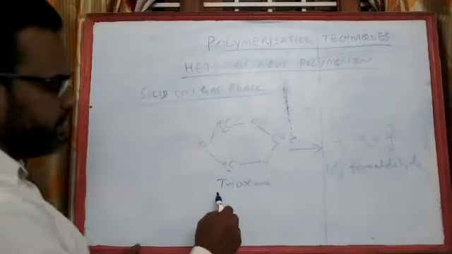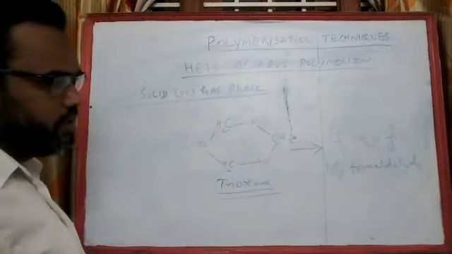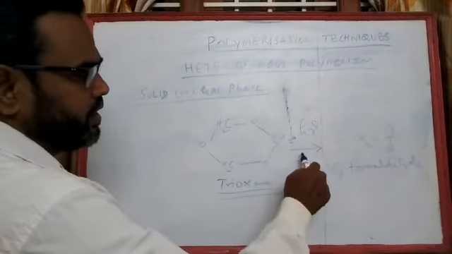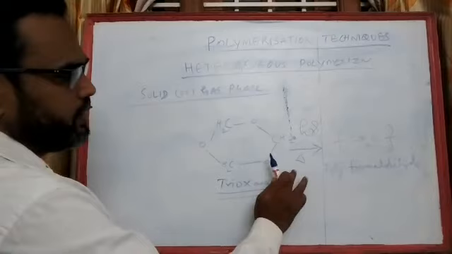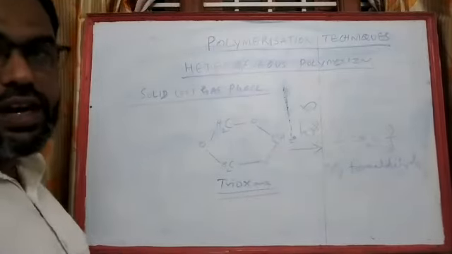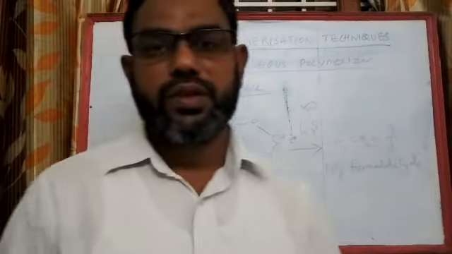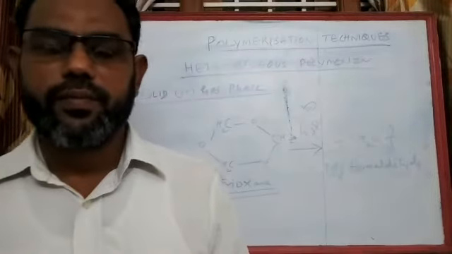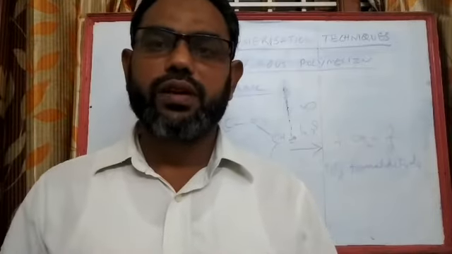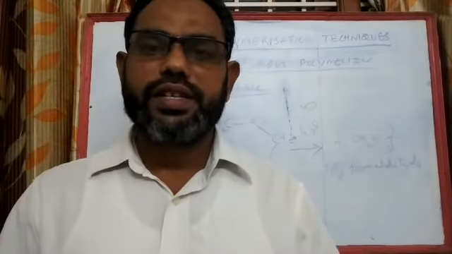So trioxane is a solid monomer. This can be exposed to radiation or heat. But the most preferable method of initiating the reaction is irradiating the sample, because irradiating the sample from all directions can initiate the reaction.